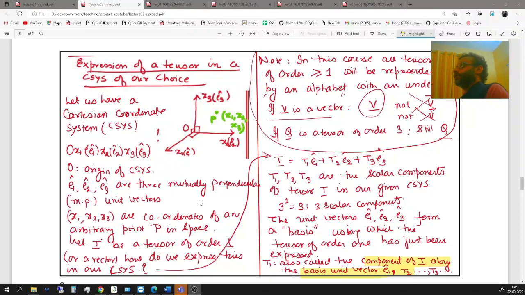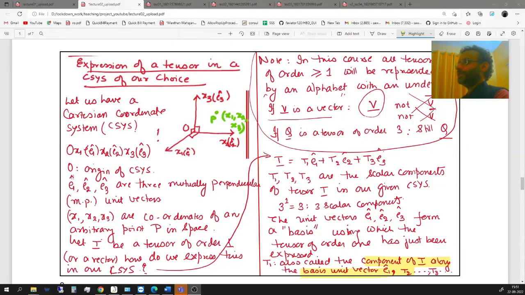So let us have a Cartesian coordinate system, which I am showing here on this slide. The coordinate system that I have, I denoted by this long string of alphabets and numbers as O, X1, E1, X2, E2, X3, E3.